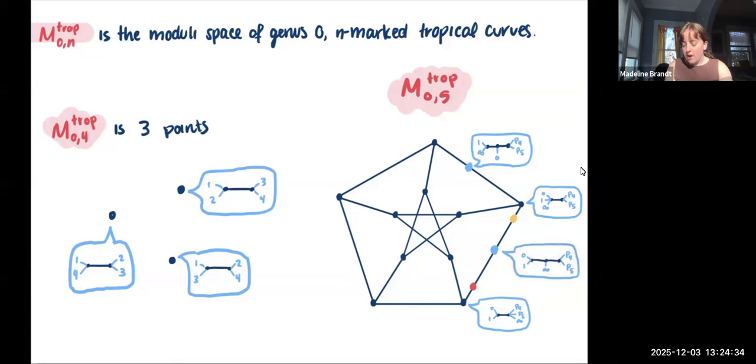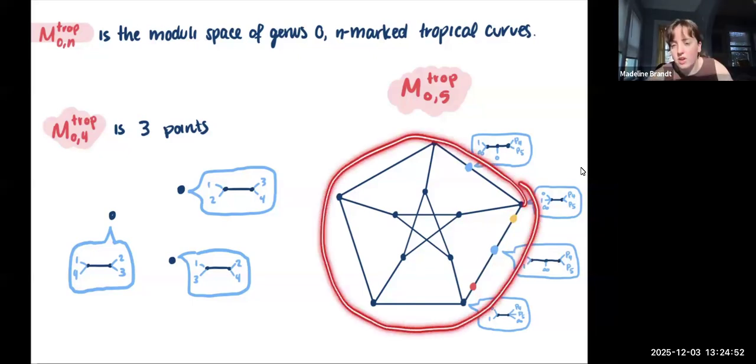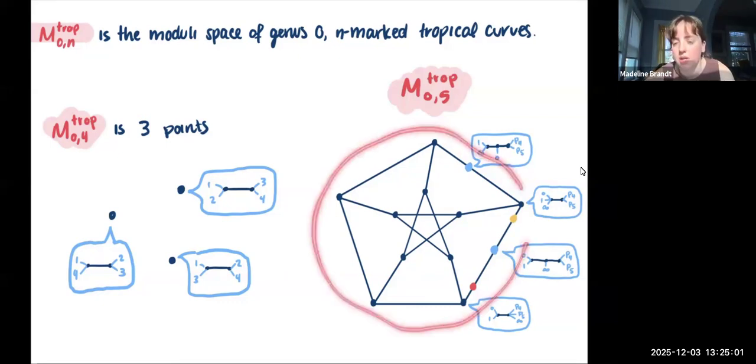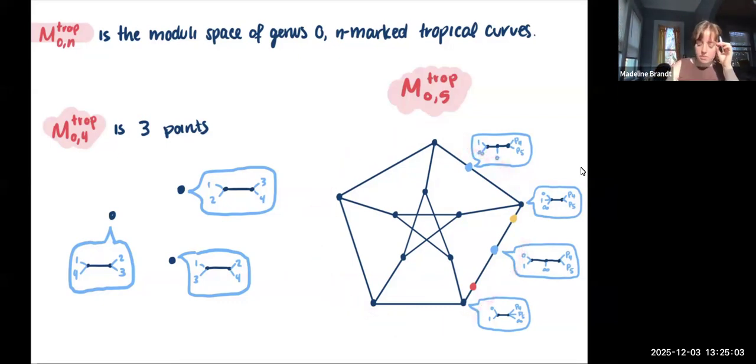When it's closer this way, this edge has smaller length, and as it goes that way, this edge grows and this edge shrinks. That's how this space looks. If you wanted to, you could write down all of these trees and how they link up, and you would see that you get this Petersen graph out of it.